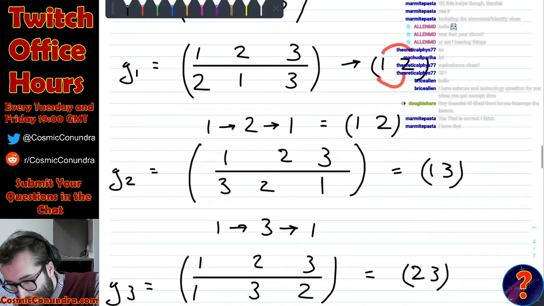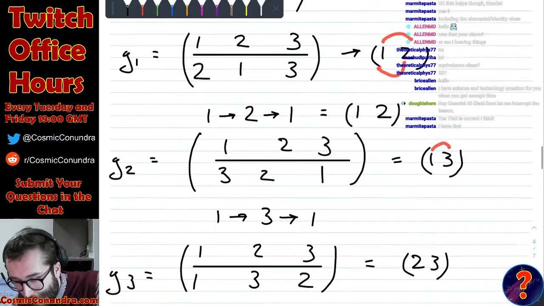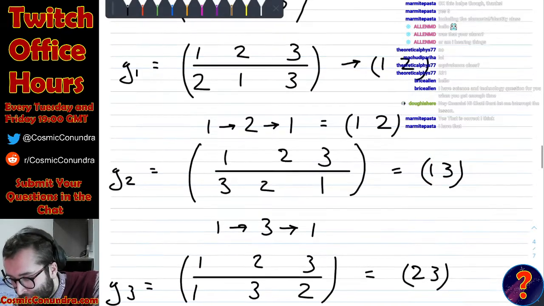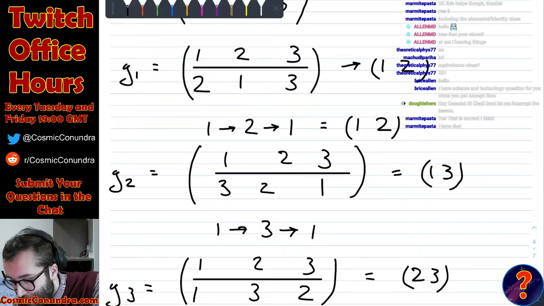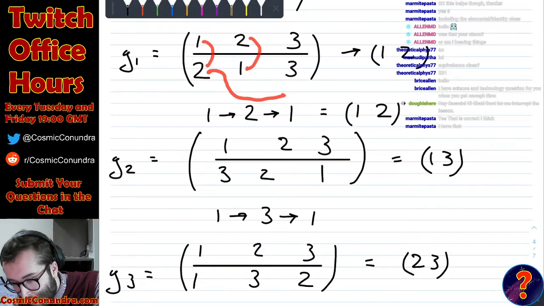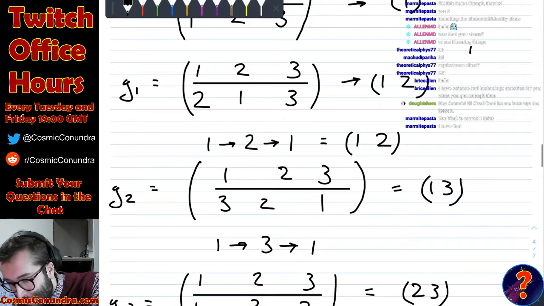And G2 means we swap 1 and 3, so the thing in the first position goes to the third position, and the thing in the third position goes to the first position. So we first swap 1 and 2, and after that, whatever's in the first position goes to the third position, and whatever's in the third goes to the first.